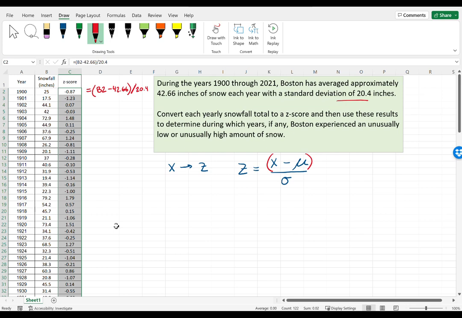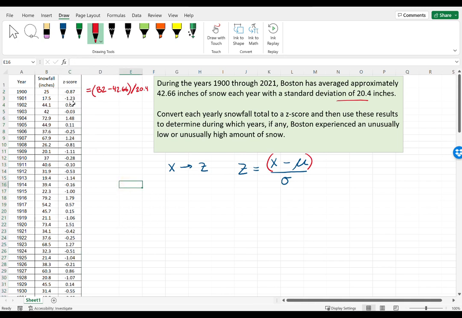Now we have 122 z-scores. We did the first calculation, and Excel did the next 121 calculations because there was a repetition of the same calculation.